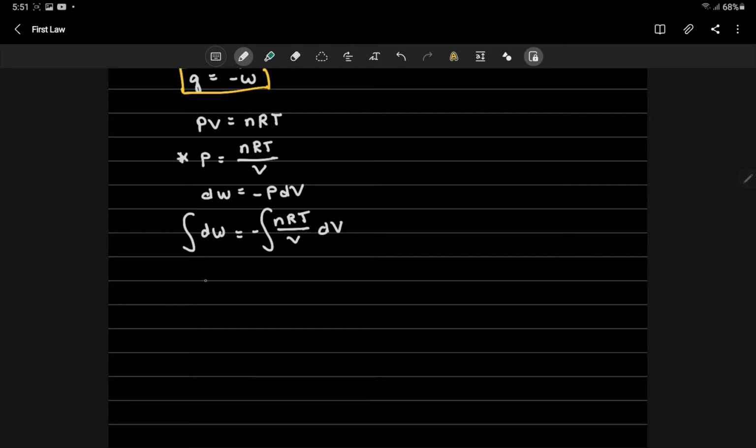And what will happen is you will be able to calculate work. And since minus nRT is constant, kasi isothermal tayo, ang matitira na lang dun sa integration is dV over V. And the integral of that is ln, or natural logarithm of V. So if we integrate from initial state 1 to a final state 2, then you will get V2 over V1.